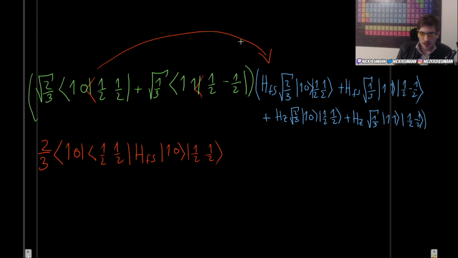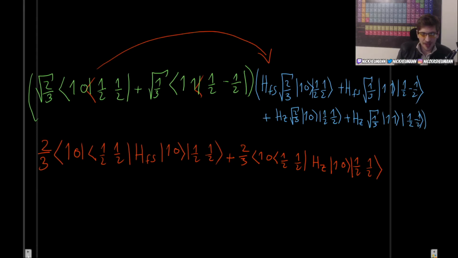And this part right here comes next. So then we have plus, this is again 2/3, so 2/3, 1, 0, 1/2, 1/2. The Zeeman contribution, 1, 0, 1/2, 1/2.